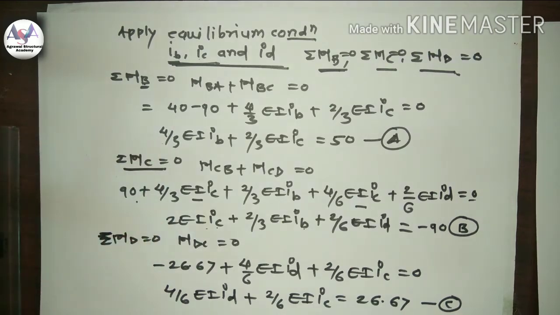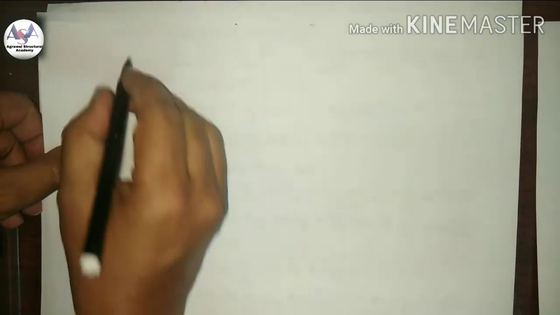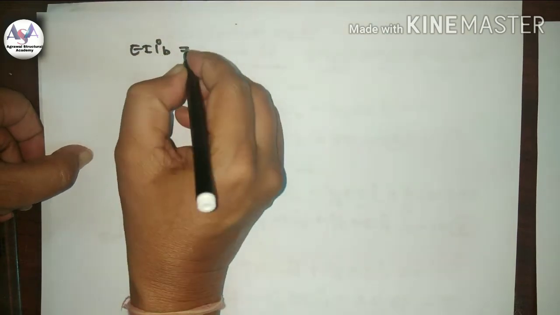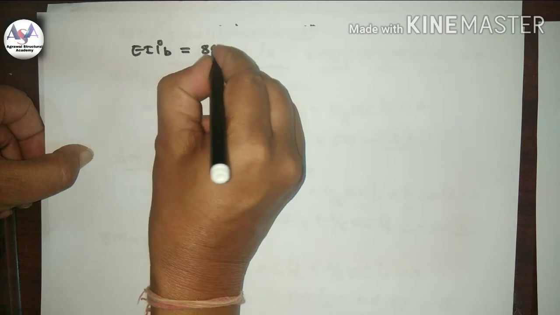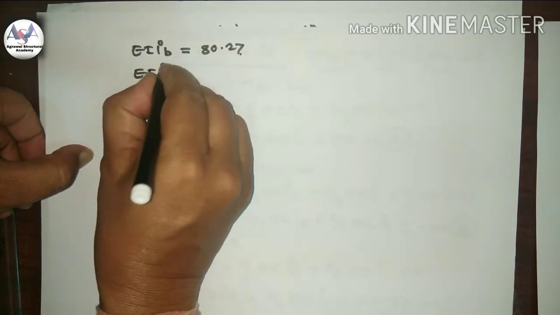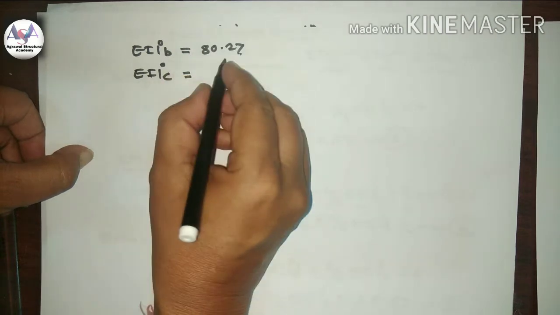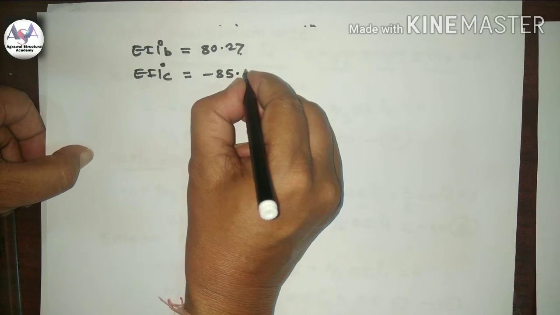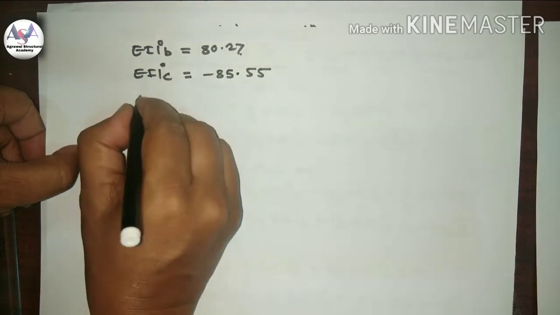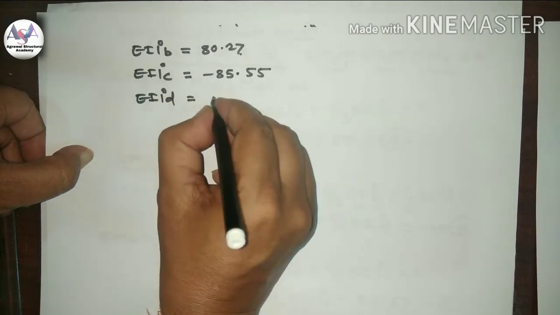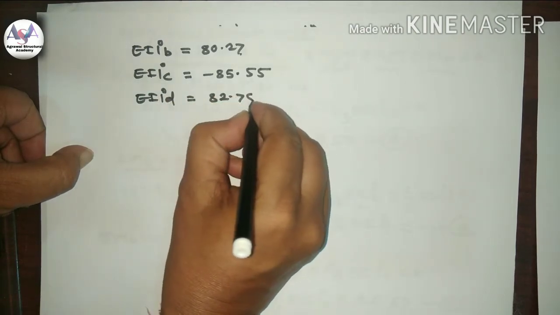So these values are: EI theta B is equal to 80.27, then EI theta C is equal to minus 85.55, and the third one, EI theta D, is 82.78.